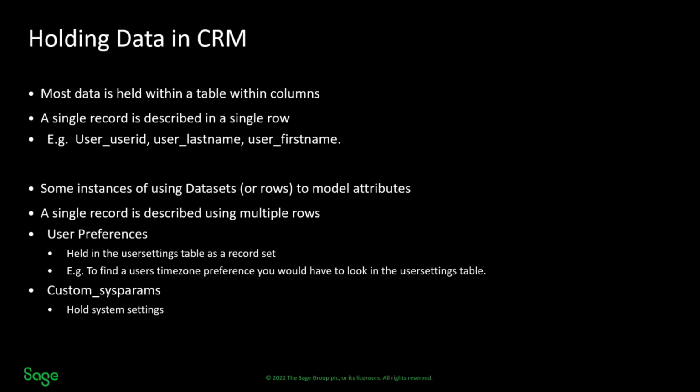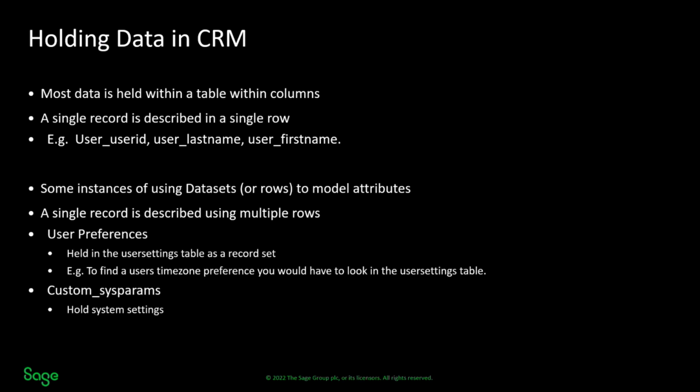Normally, when we're working with something that is returned in terms of a business record, everything comes back as a single row. But there are instances within the data model where the conceptual understanding of a record is actually multiple rows that are being returned.